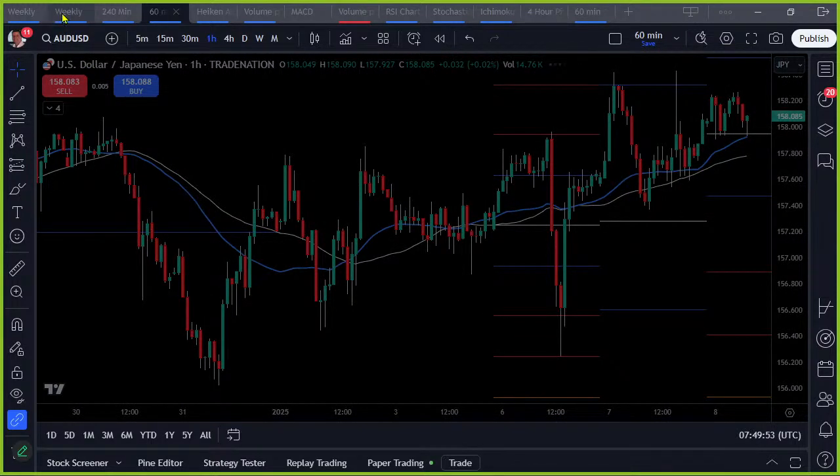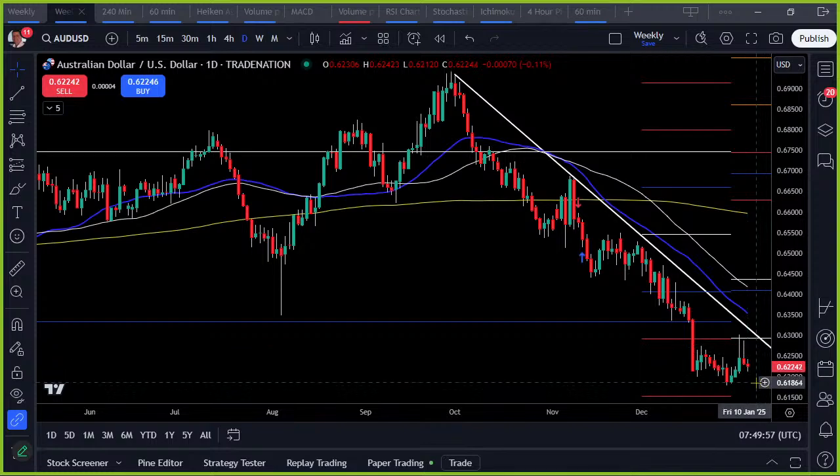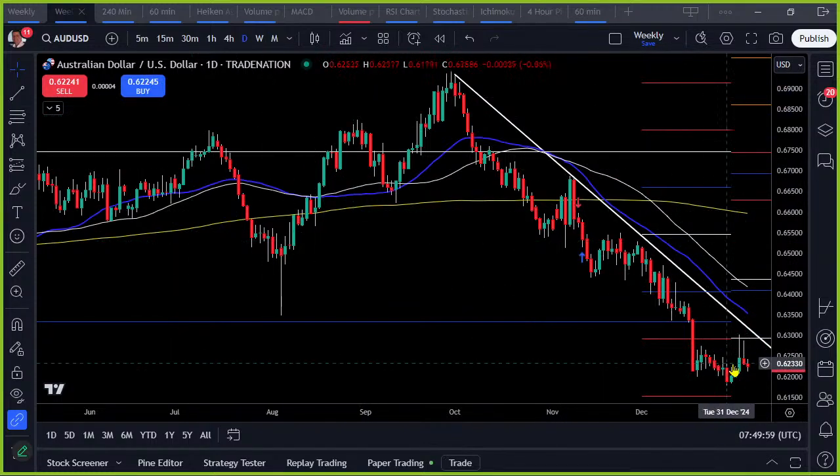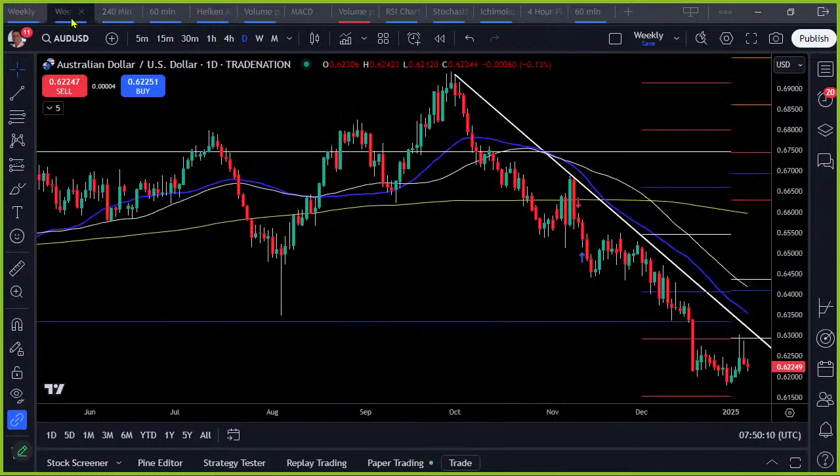Okay, Aussie dollar. So Aussie dollar hasn't got the kick I thought. I hadn't looked at the chart before I looked at the news, and that's not really what I'd have expected. I'd expected a little bit more with a higher inflation, but it too is looking soft. I've been looking all week at the potential, but again yesterday it was pushing up, and well, it's moving off its weekly pivot.